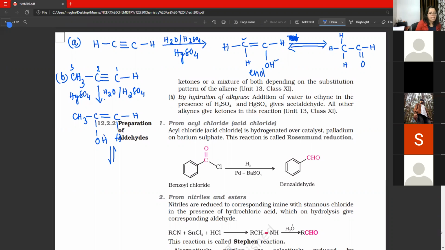What will happen? This hydrogen will go to this carbon. So CH3, C double bond O, and then CH3. We are going to get the ketone. So acetylene will give us aldehyde. Rest all the triple bonded compounds will give us ketone. This reaction also we have completed.